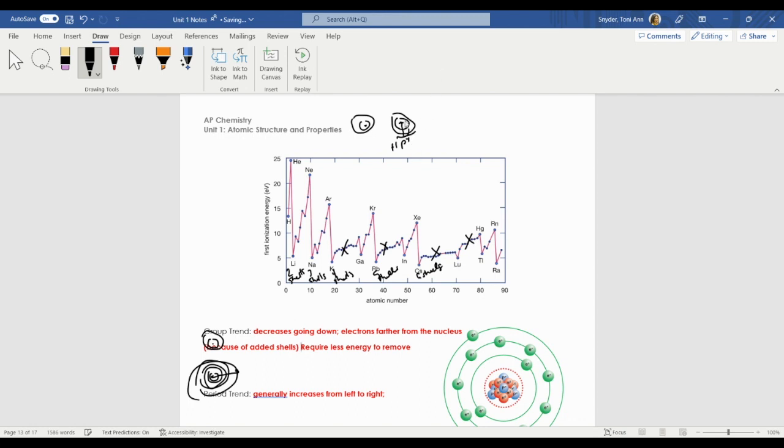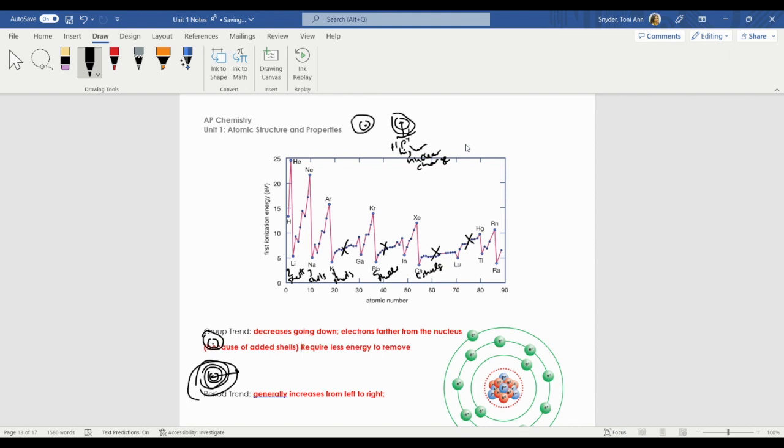That nucleus can pull on that outermost energy shell more because that nucleus is getting stronger. We say that it has a higher nuclear charge. That nucleus is getting stronger, and therefore it has a stronger attraction to that outermost energy shell.